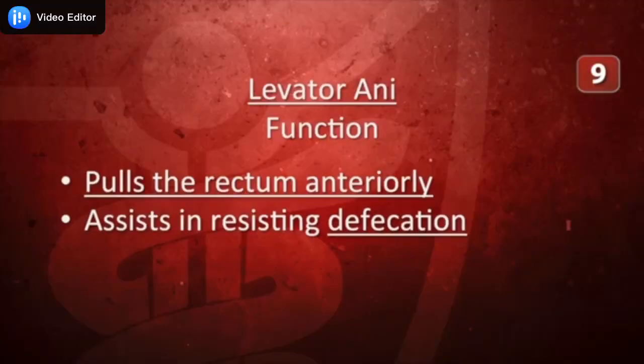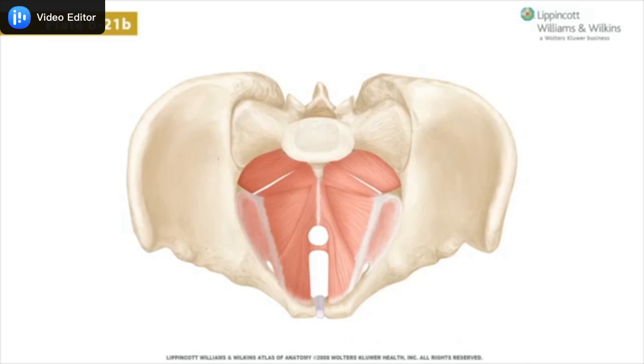When this muscle is activated, it pulls the rectum anteriorly, producing a flexure which assists in resisting defecation. The gap in the anterior part of the levator ani is the urogenital hiatus. The urethra and the dorsal vein of the penis pass through it in males, and the vagina, the urethra, and the dorsal vein of the clitoris pass through it in females.